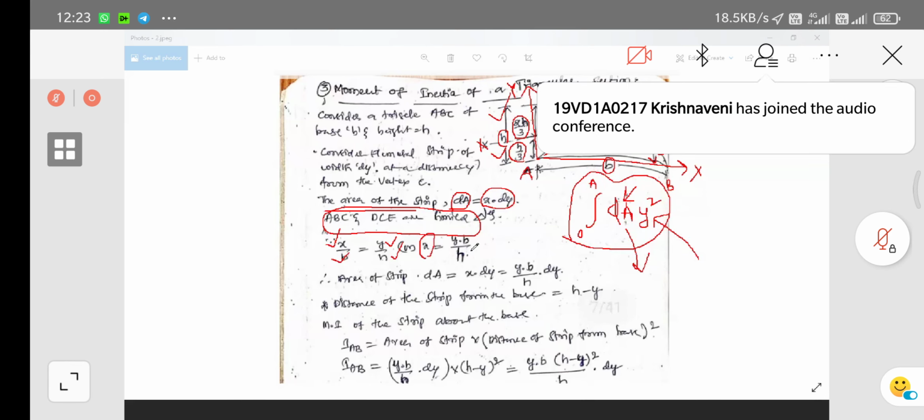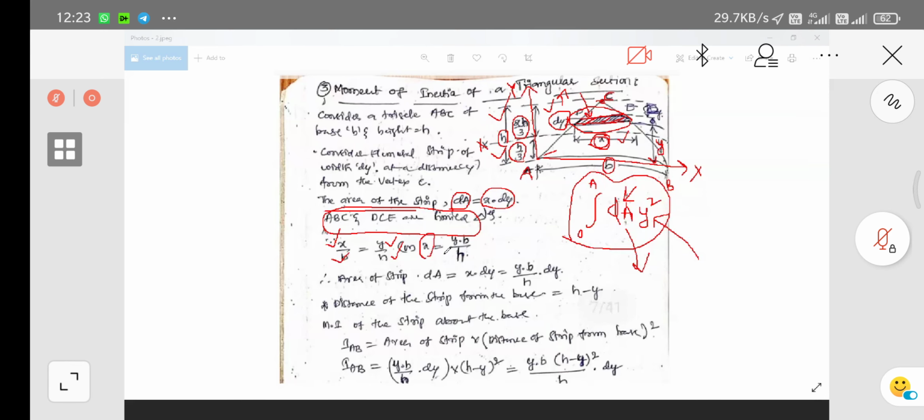From this we are going to get the value of x. Why do we have to find x? In the differential element we are having the term x, but we have to derive with respect to y.